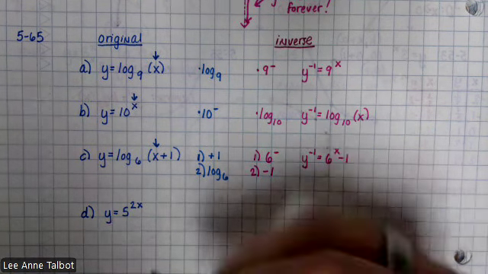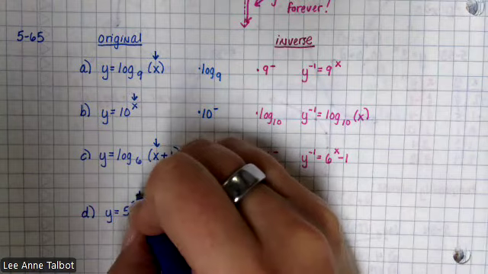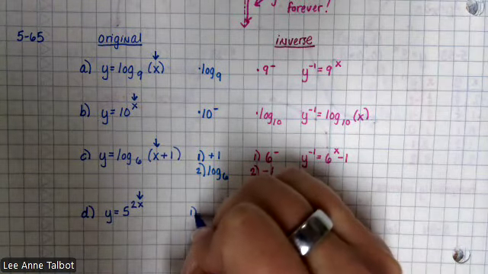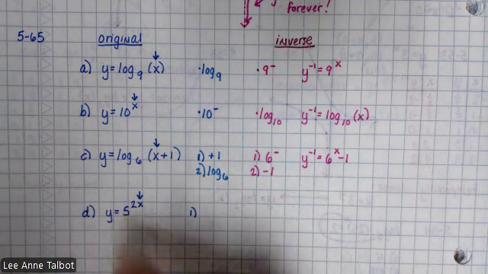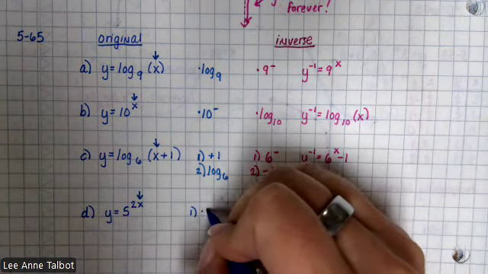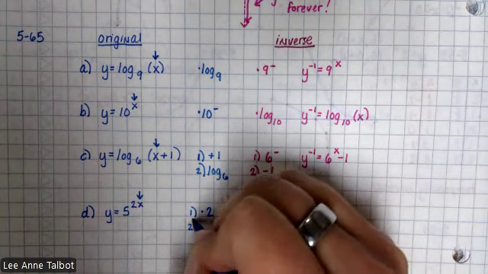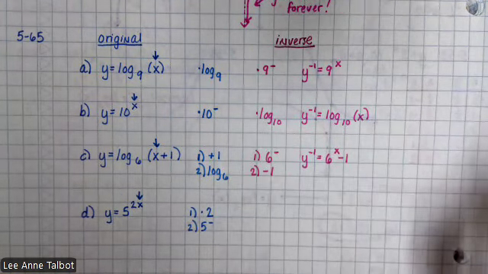Okay, last one of these. Plug in a number for x. What do I do to it first? Yep, multiply it by 2. And then 5 to the power.